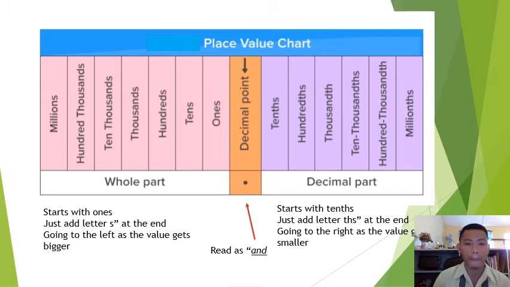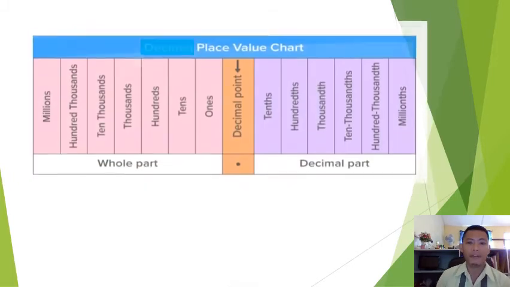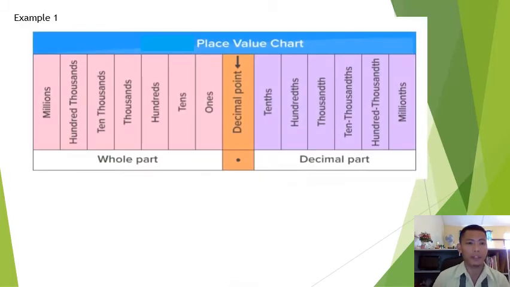Okay? Let's have an example. Example 1. Give the place value of each digit in 2.3. Okay? So using the place value chart, since the whole number is 2, we put 2 in ones.